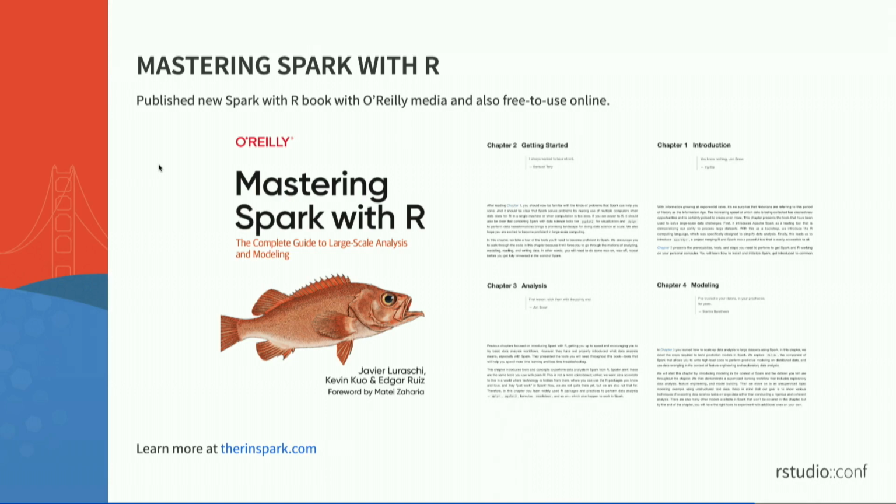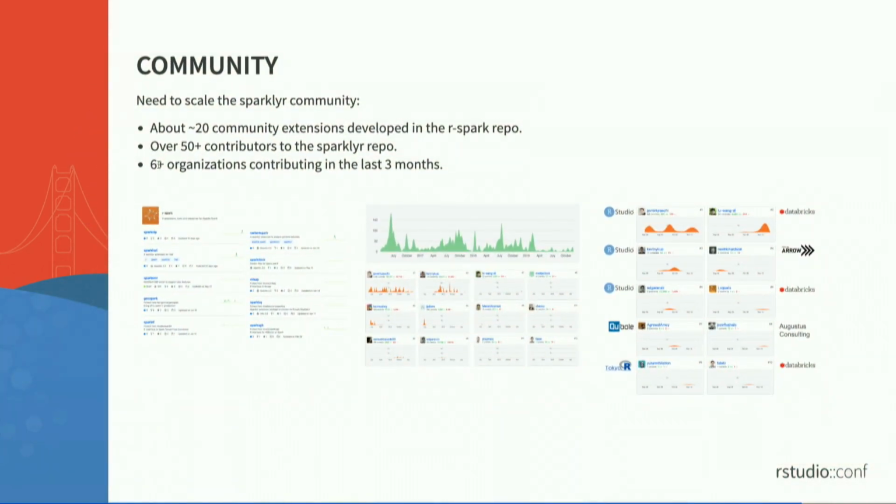And last but not least, I want to give a big shout out of thank you to the R community. The Sparklyr project, honestly, is just successful because of the R community. And there has been a lot of momentum going on. There's over 20 community extensions created for the Sparklyr project, and there's over 50 contributors.